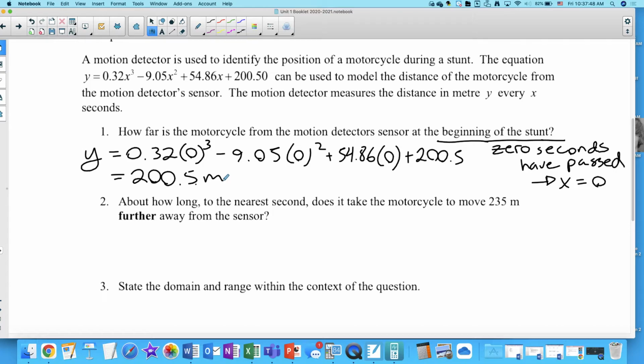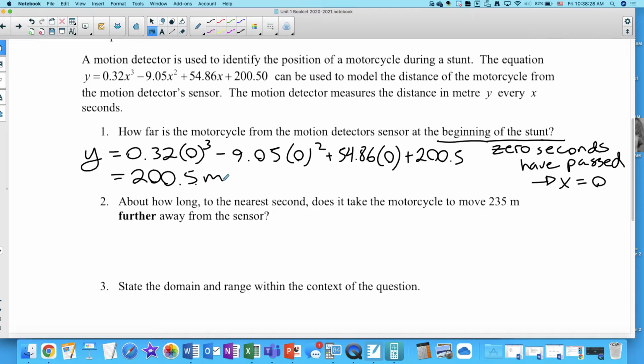Okay? About how long does it take the motorcycle to move 235 meters further away from the sensor? Okay, so let's think about this. We want to move 235 meters further away. So what would our distance be from the detector if we're 235 meters further than the start? 435.5, yeah.